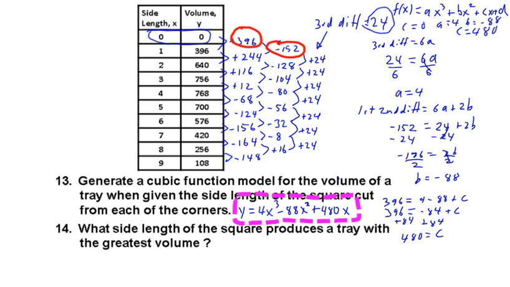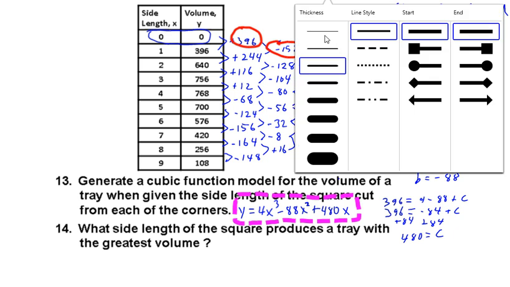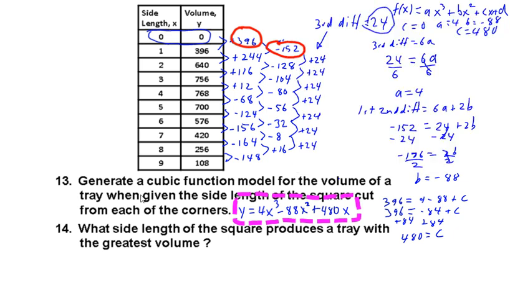Okay, next we go to problem 14. What side length of the square produces a tray with the greatest volume? Well, here's the volume. Now these are all integers, but we look at our choices available to us, and our biggest volume is created by x equals 4.